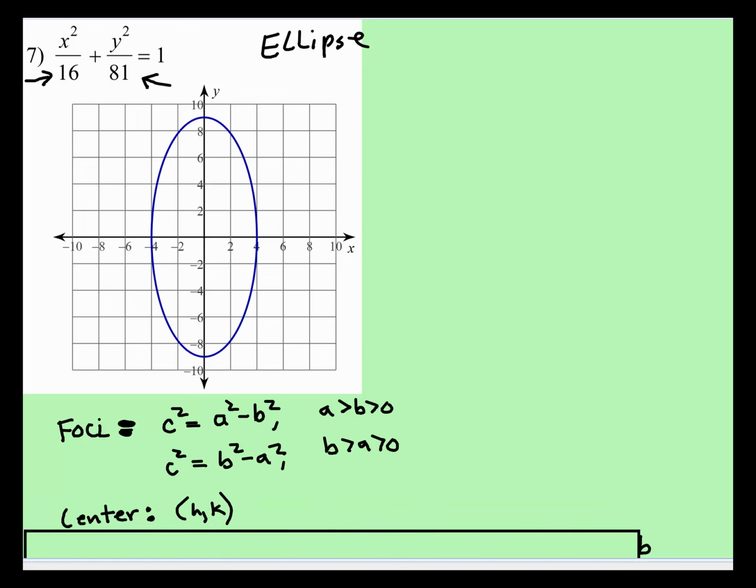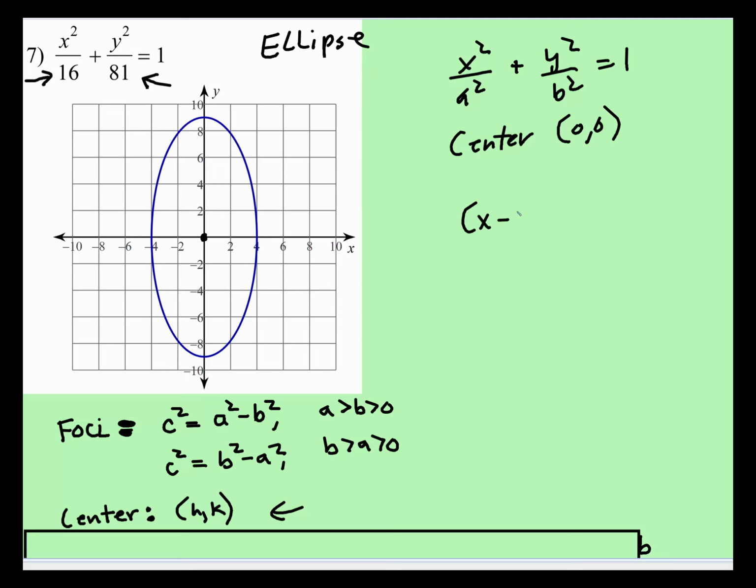All right, so here are some things that you need to be aware of. The center of an ellipse is still (h, k). In this case, notice the center is at (0, 0). So when you have x squared over a squared plus y squared over b squared equal to 1, the center will automatically be (0, 0).